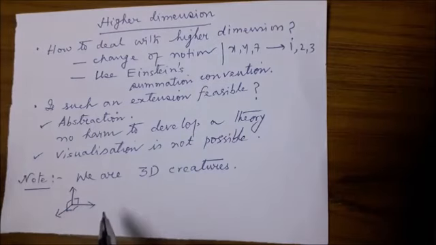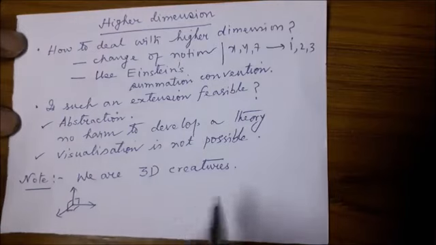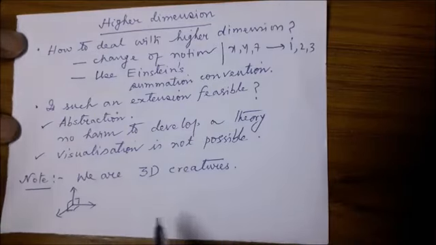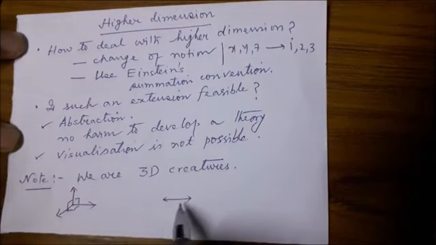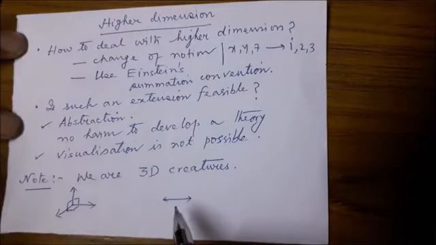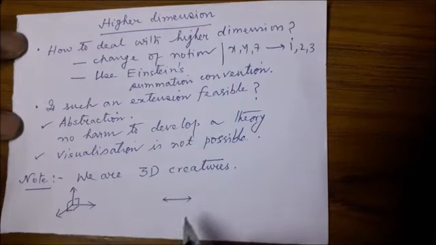A creature who lives in a 1D world, say, cannot think of 2D, because the creature moves in 1D only, so it lives in a 1D universe and it has no concept of another axis or another dimension at right angles to it.